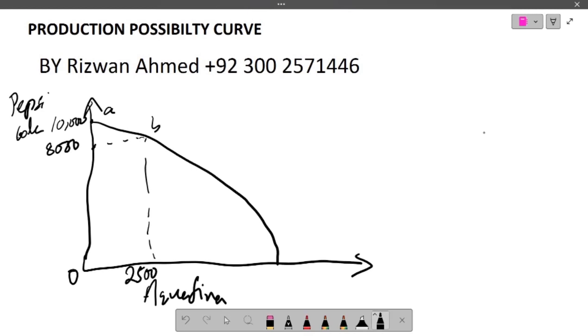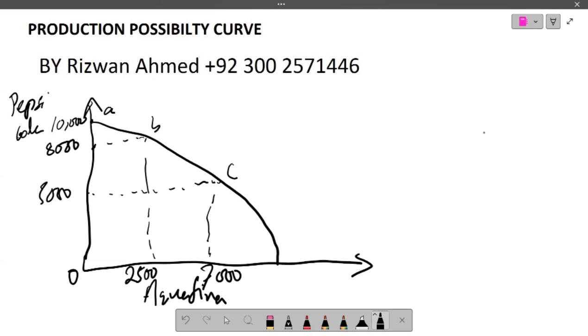Then Pepsi realized that they needed to produce more Aquafina than Pepsi Cola. So they halved their production of Pepsi Cola and introduced more Aquafina, coming to point C.